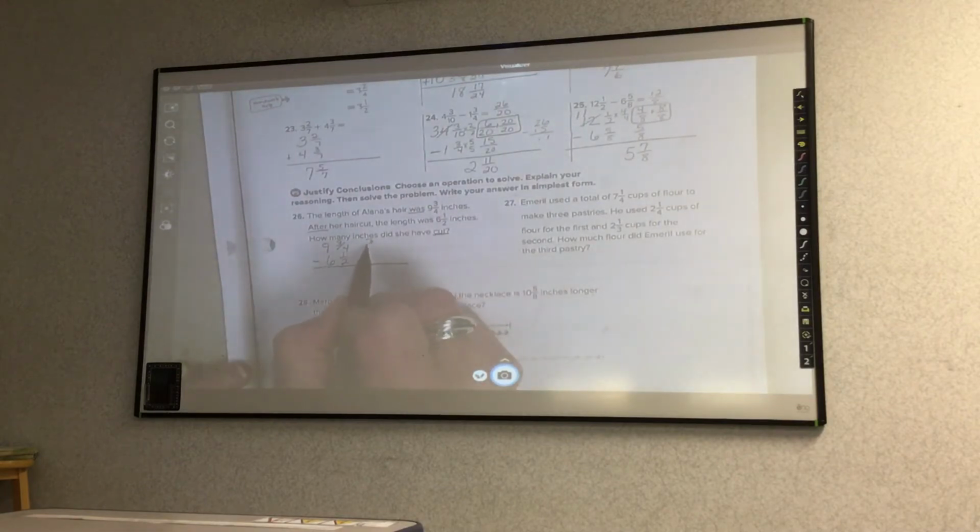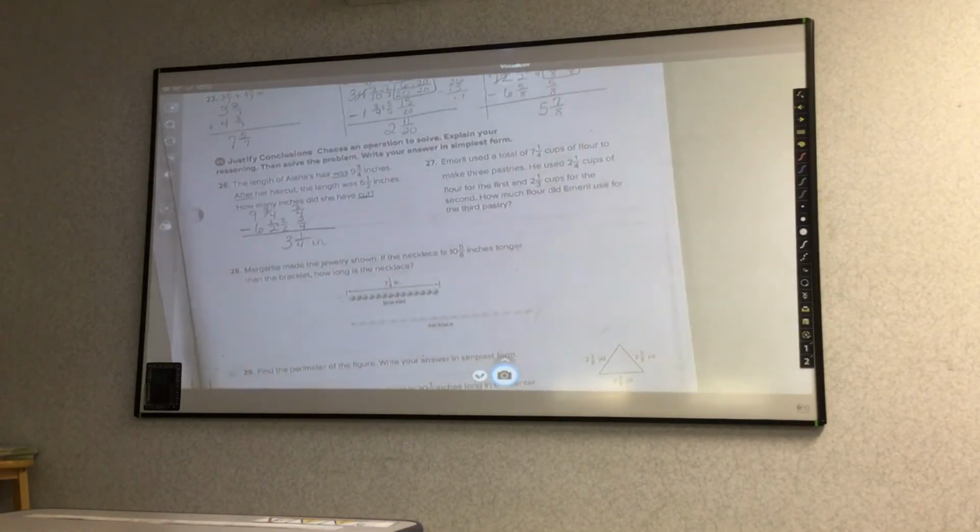Keeping a common denominator of 4, take this times 2 over 2. So I have 2/4. 3 minus 2 is 1/4. 9 minus 6 is 3. So because we cut the hair, it makes it shorter. When you make shorter, you take it away. So she took away 3 and 1/4 inches of hair.